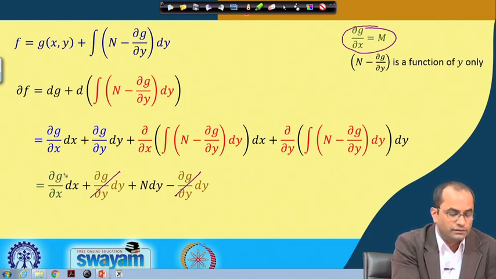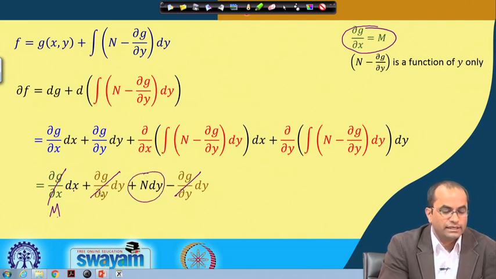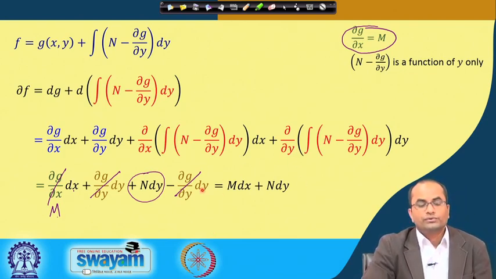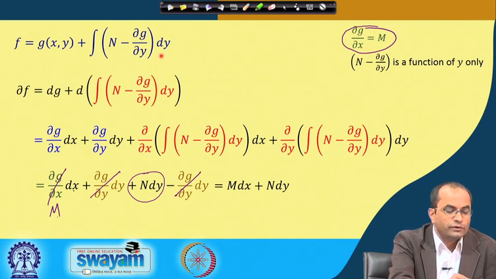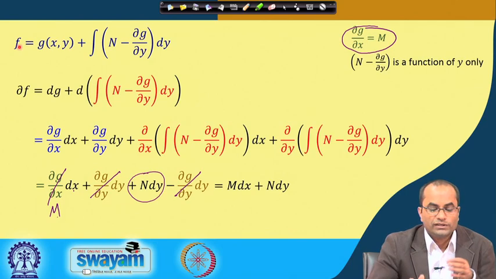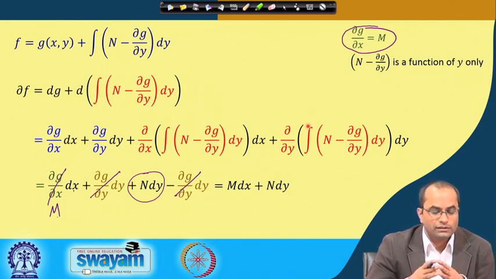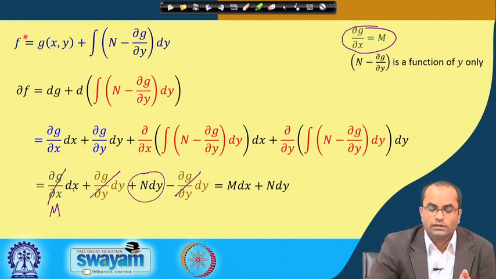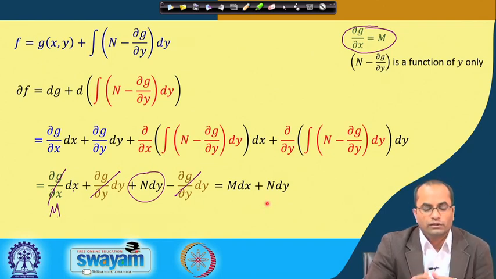So, we get m dx plus n dy, and this is what we wanted to show. So, this is the f which solves the purpose, whose differential is m dx plus n dy. There exists an f once we assume that this necessary and sufficient condition holds. So, we can construct such an f whose differential is exactly equal to m dx plus n dy.